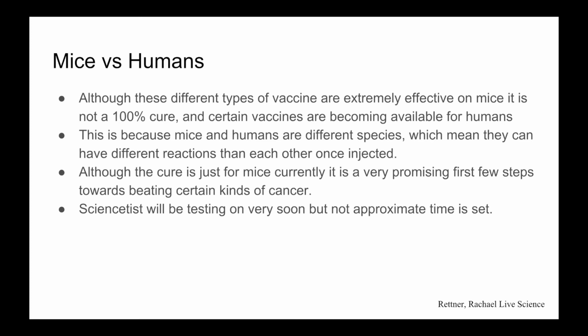Although the cure is just for mice currently, it is a very promising first few steps towards beating certain kinds of cancer and cancer as a whole. Scientists will begin very soon on testing this on humans, but there's also no approximate time for this cure to be available.